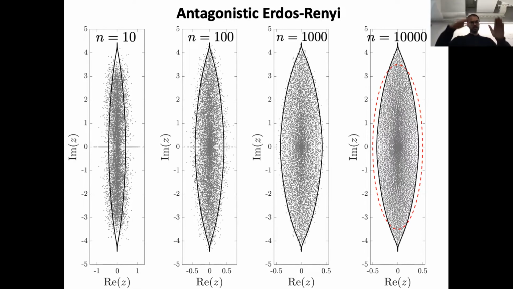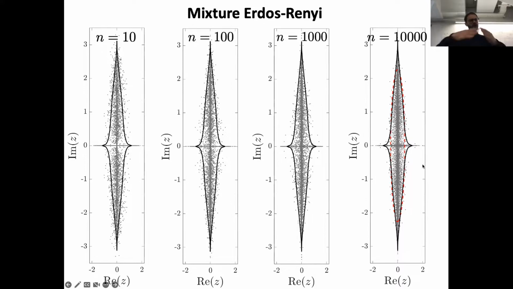Whereas in the previous case it crosses the real axis orthogonally, here it develops long tails on the real axis. And this we find both in the theory and in the direct diagonalization. In both cases, you can confirm that you have these infinite tails on the real axis. And that's the difference between this antagonistic and this mixture Erdős-Rényi ensemble.